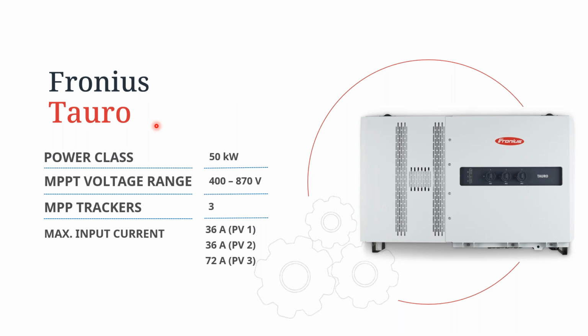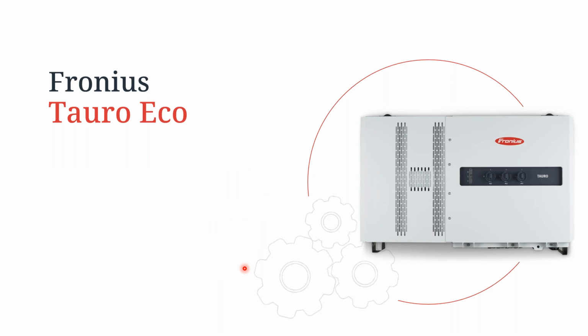This is in the power class 50 kilowatts, with an operational MPP voltage from 400 to 870 volts. This inverter has 3 MPPTs, and you can see the breakdown of the current capacities: 36 amps for the first and the second MPPT, and then 72 amps for the third MPPT.